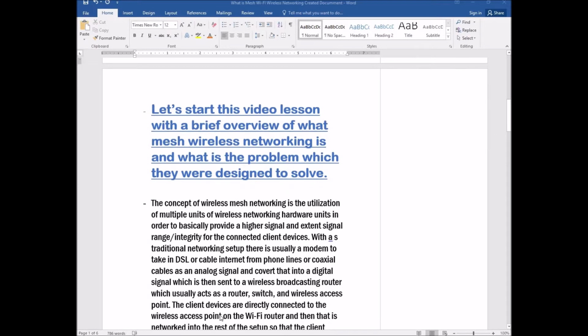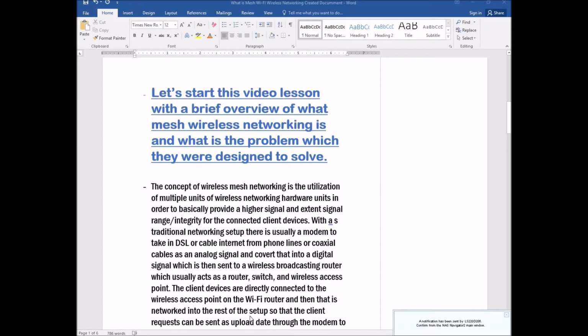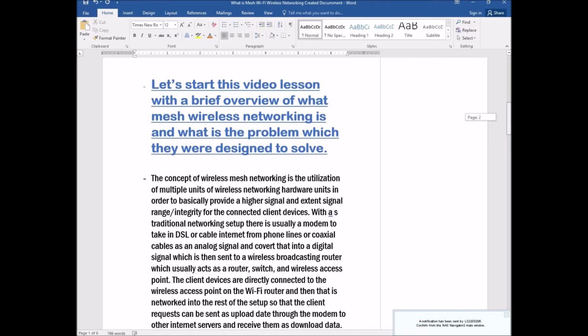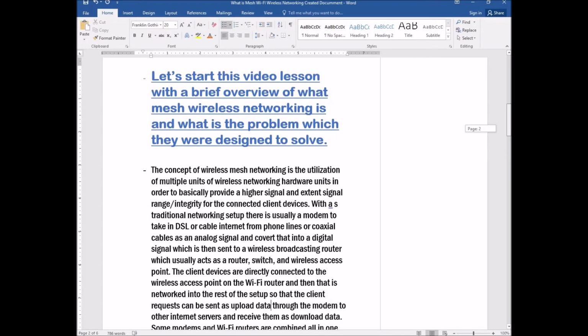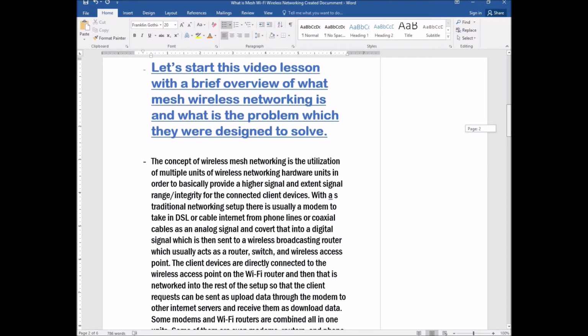The client devices are directly connected to that wireless access point on the Wi-Fi router, and then that is networked into the rest of the setup so that the client requests can be sent as upload data through the modem to other internet servers and received as download data.